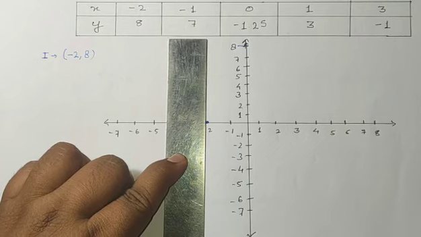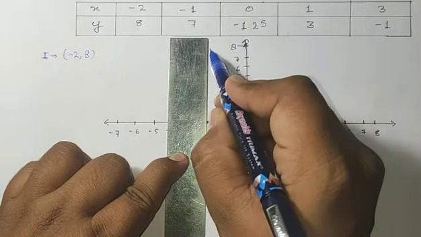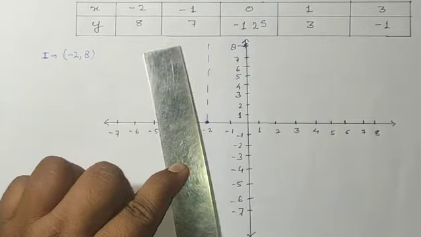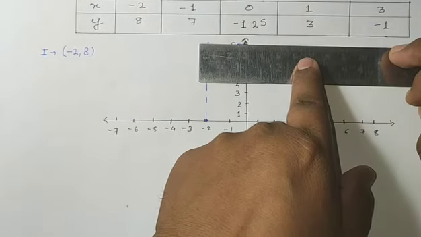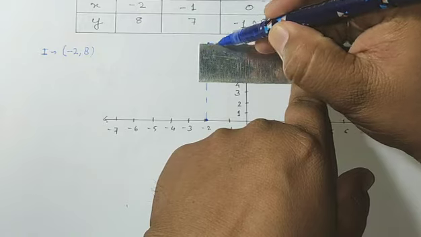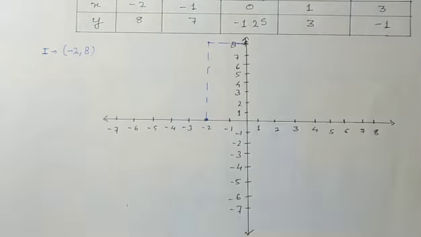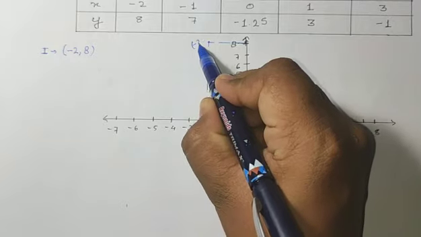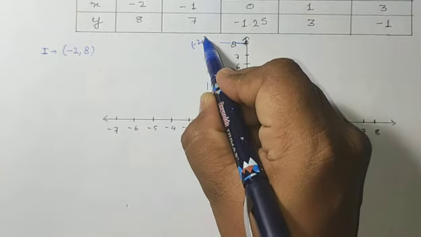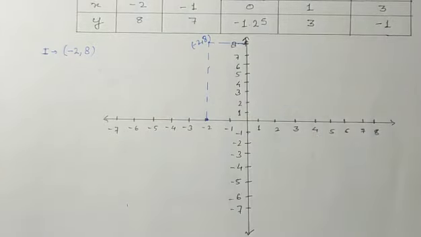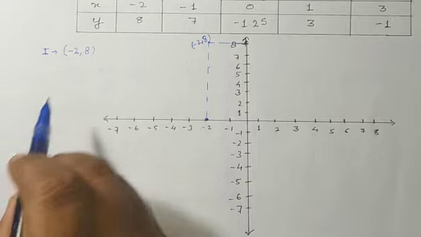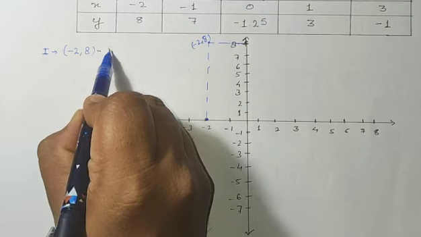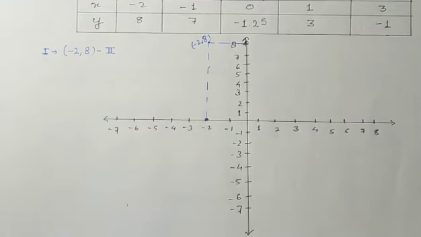Okay students, so from 2, like this we have drawn a line, and from 8 we will draw a line. So this will be your minus 2 comma 8, the first point. And where does it lie? We will also tell where it lies. So it lies in the second quadrant.